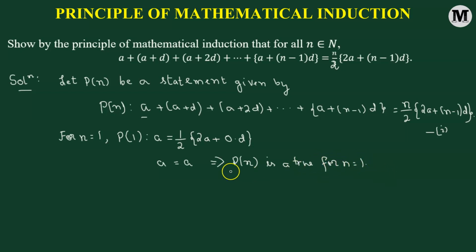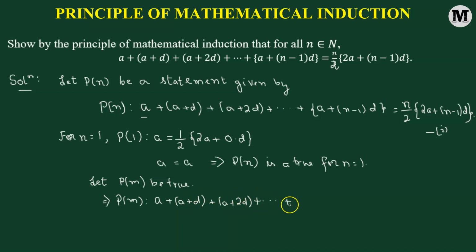Now, in order to prove that the statement equally holds true for other natural numbers, we are going to make an assumption here. We are going to presuppose that P of m, let P of m be true. If P of m is true, this simply means that the statement P of m is now going to be rewritten as a plus (a plus d) plus (a plus 2d) going all the way up to the last term.